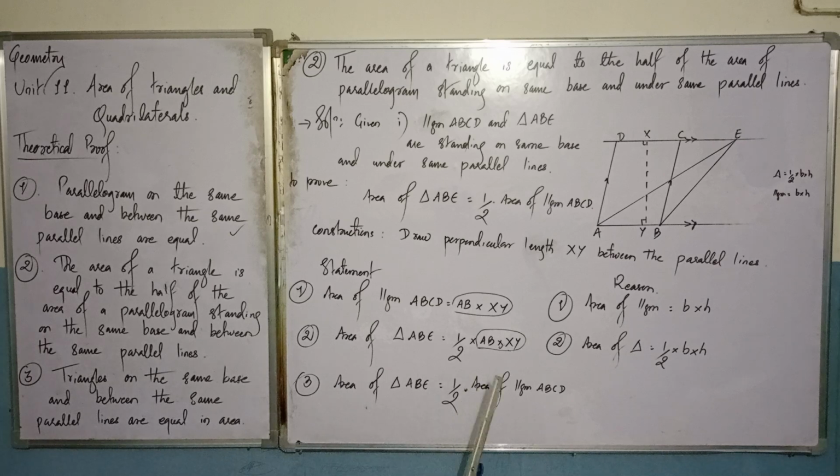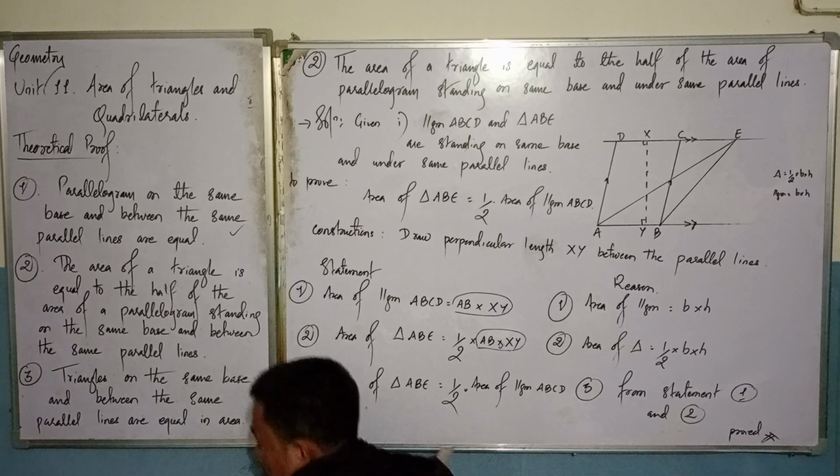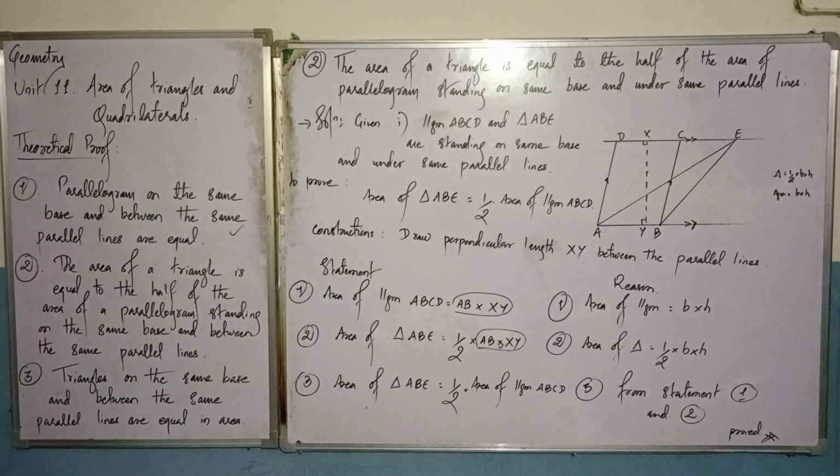I have just replaced the value of AB times xy by area of parallelogram ABCD. Now write the reason: from statement 1 and 2. So this is what we had to prove. Now it is proved, and this is how it is done. Just follow these simple steps, and it's very easy.